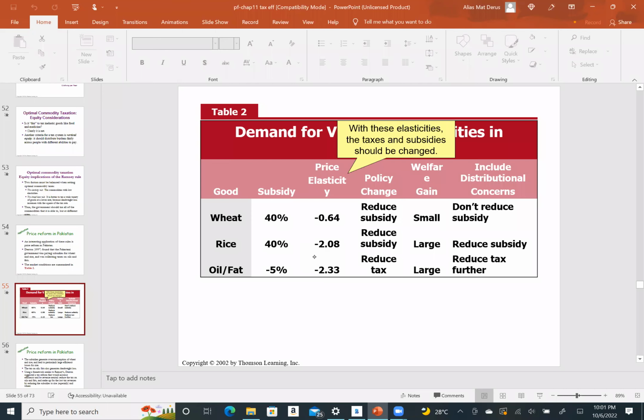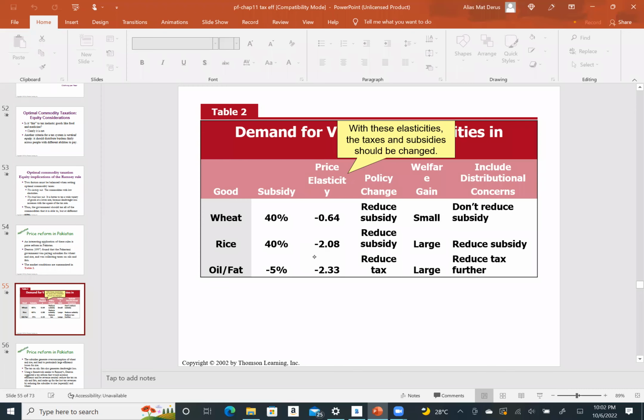The elasticity for wheat is just negative 0.64. And then you have rice, relatively elastic. And then you look at oil and fat, which are elastic. But if you look at wheat, the demand is very inelastic, yet it's not taxed, it's subsidized.